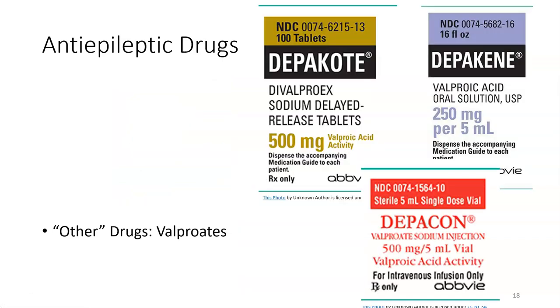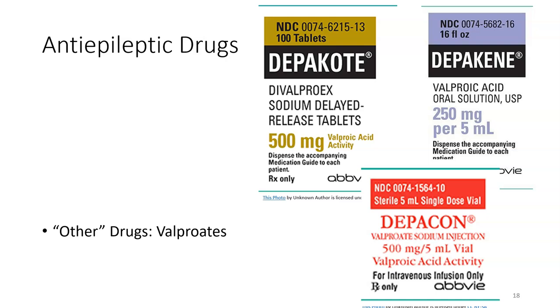Other drugs used to treat epilepsy or seizures include the valproates. These include divalproex sodium or valproic acid. These have a lot of LASA drugs, look-alike, sound-alikes. So divalproex is Depakote. I used to say Di and Val: Di loved Val's coat, so I could remember which one was which.